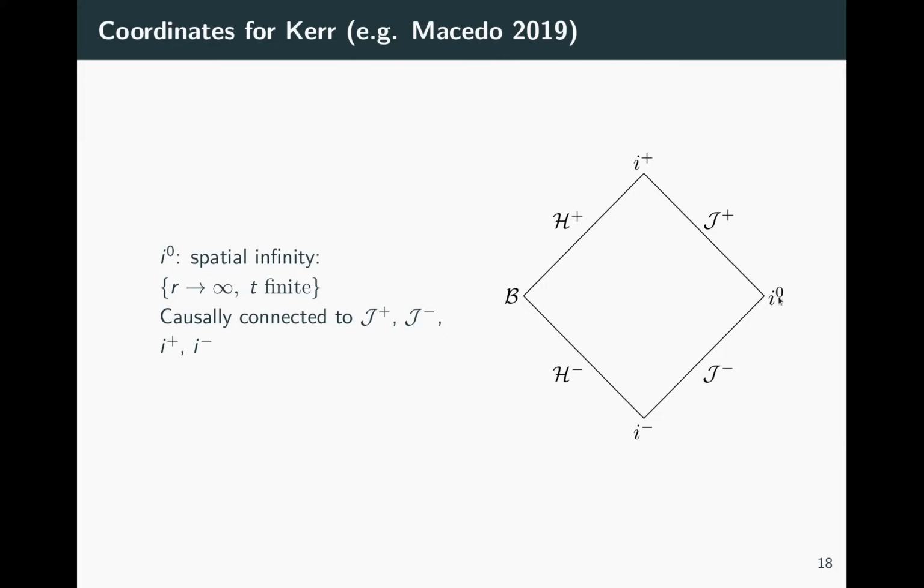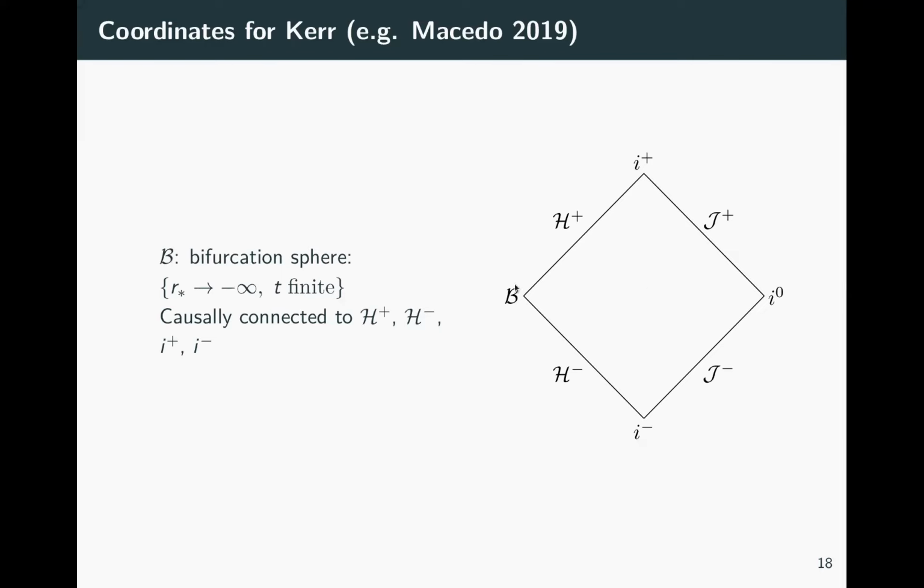It's causally disconnected from the entire spacetime, except if you live on H minus or J minus or I minus, the past horizon, past null infinity, or past time-like infinity, you can communicate with I naught. Or if you're here, you can communicate with J plus, but nowhere else in the spacetime can you talk with spatial infinity, which is these r equals infinity, t equals constant slices.